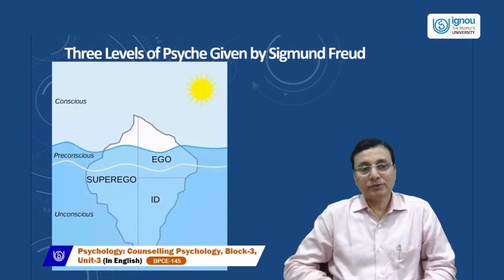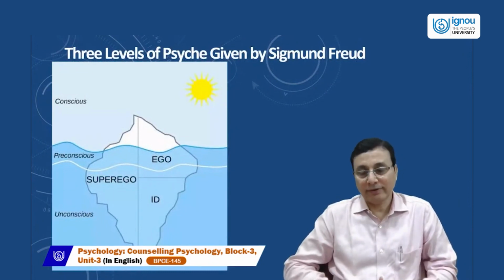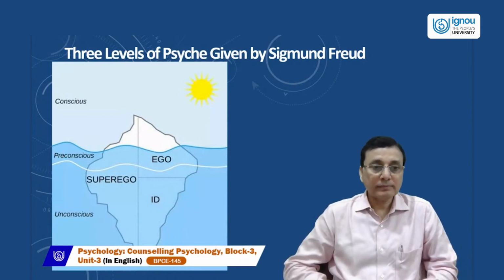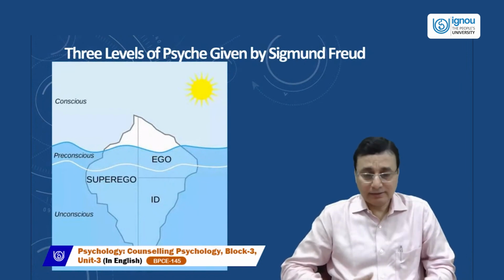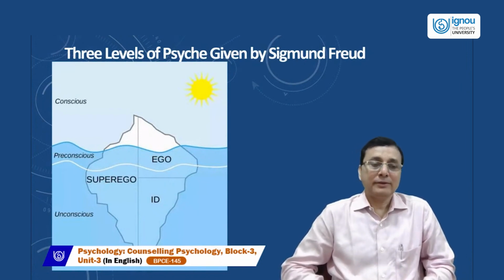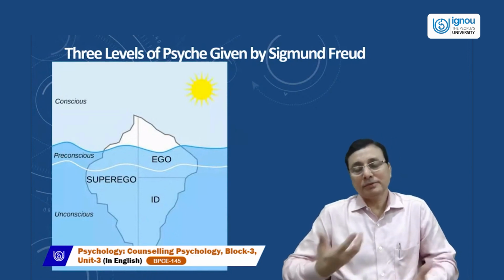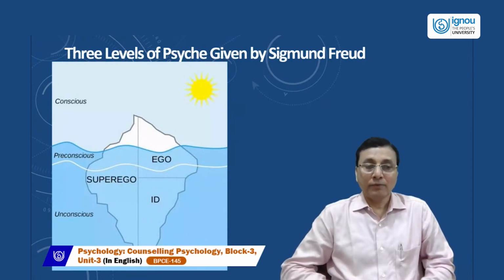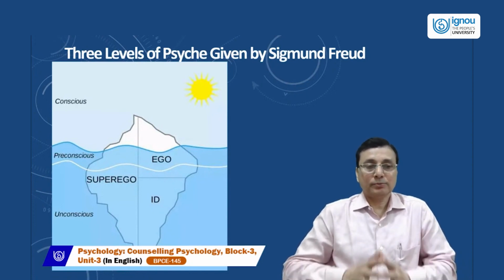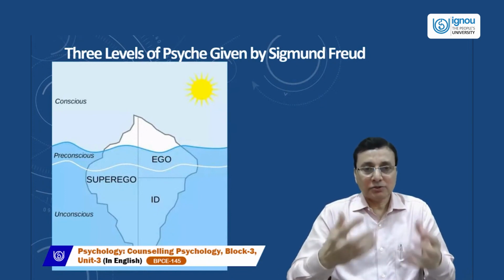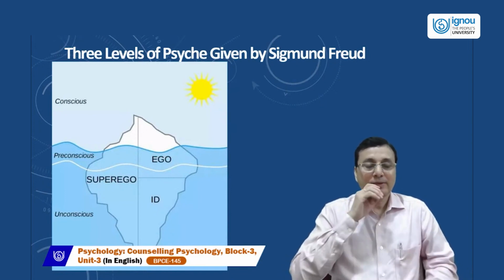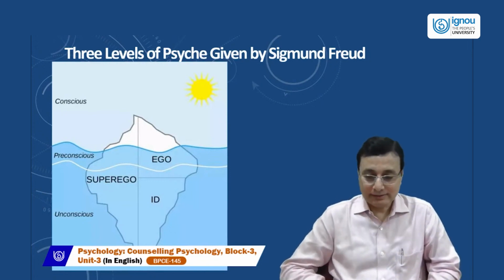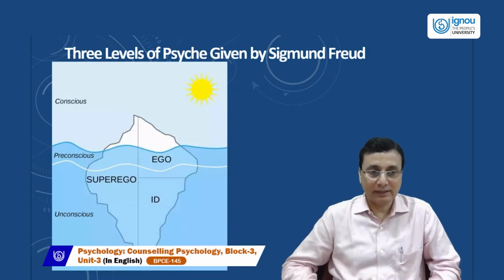Let us see the id, ego, and superego given by Freud. The id is completely unconscious. It is guided by the pleasure principle, and whatever need is there, it wants to fulfill immediately. There is always an immediate need for gratification, whereas the superego decides what should and should not be done. The superego has lots of shoulds: you shouldn't tell a lie, you shouldn't harass anyone.